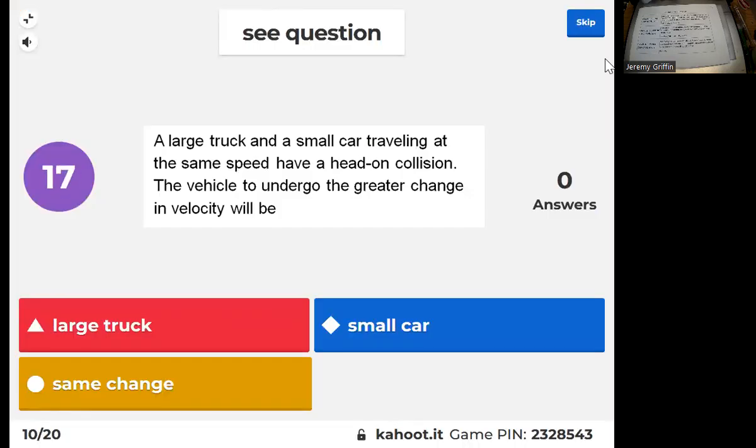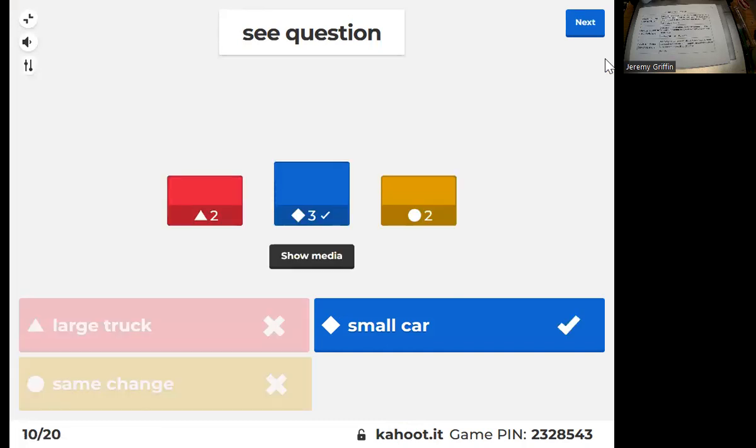Large truck, small car traveling the same speed have a head-on collision. The vehicle to undergo the greater change in velocity will be the what? It would be the smaller mass, in this case the smaller car.